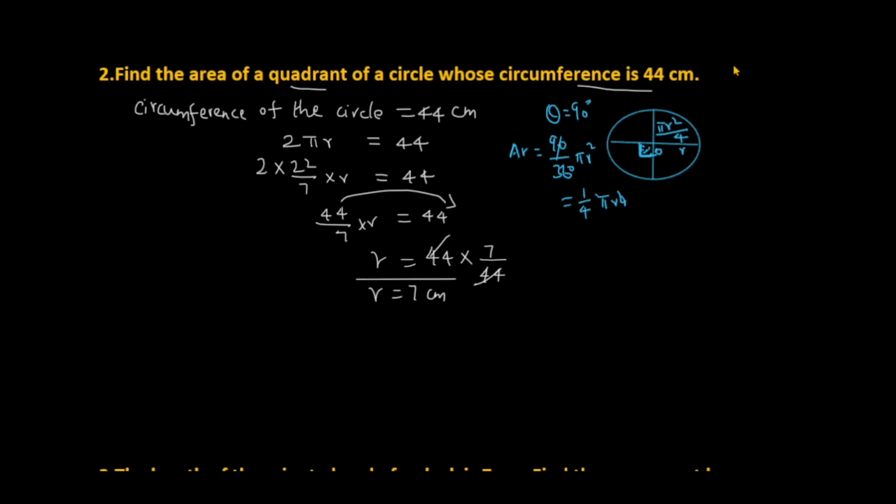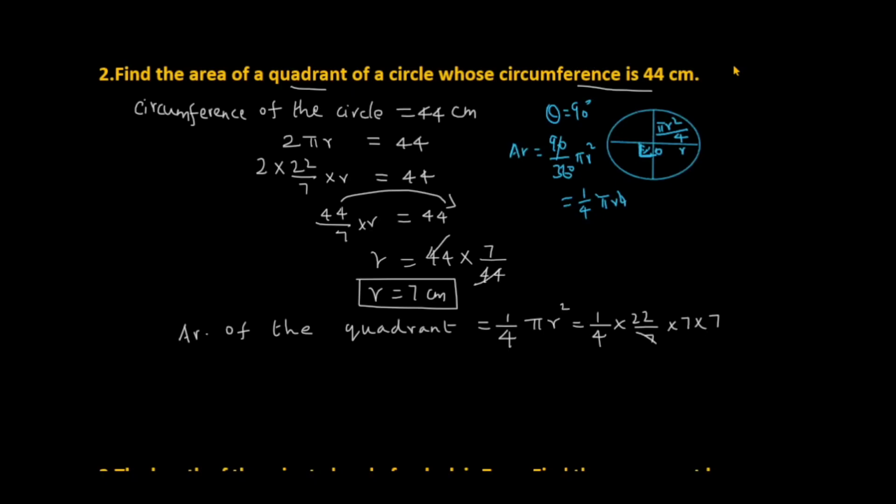So radius of the circle is 7 centimeter. That is the radius of the quadrant. So area of the quadrant is equal to 1/4 of pi r squared. So 1/4 of 22 by 7 into 7 into 7.